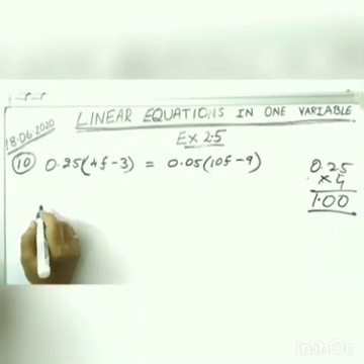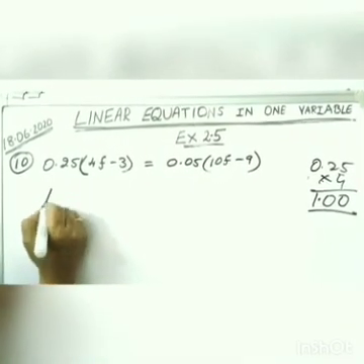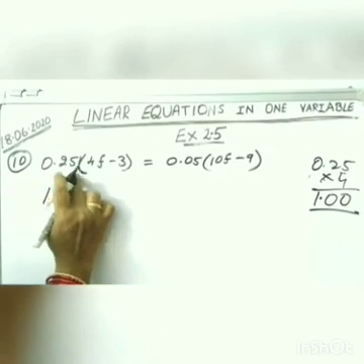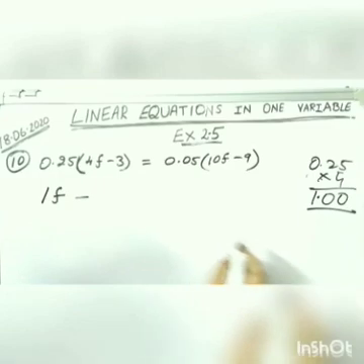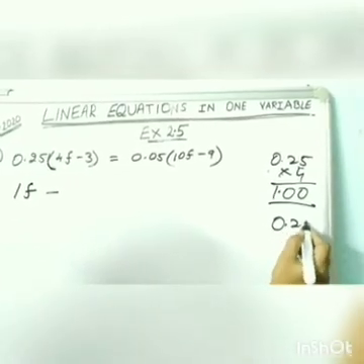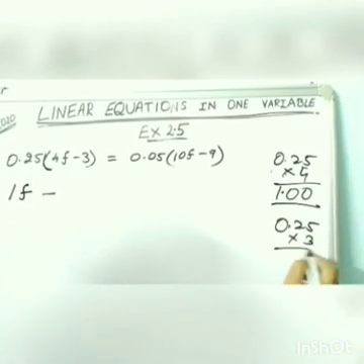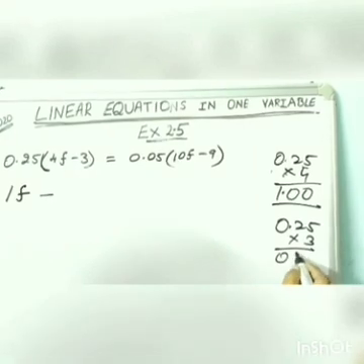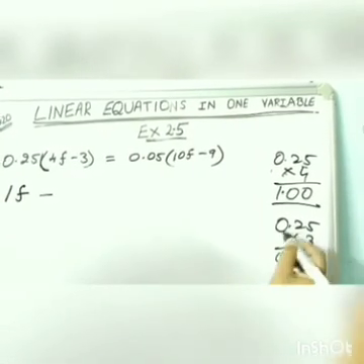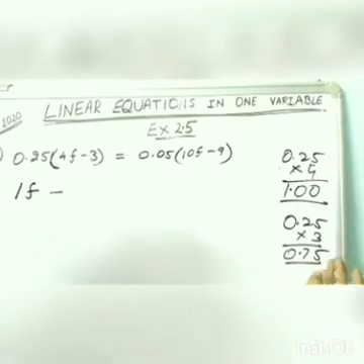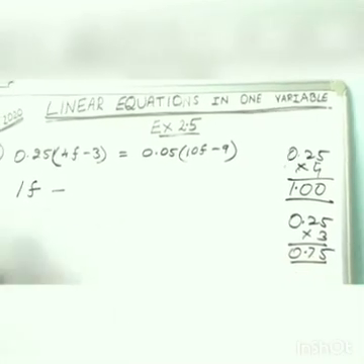So you get 1f. 0.25 into 4f is nothing but 1f minus, again you see 0.25 into 3. So 25 3s are, you get 75. So counting two decimal places from the right side, you get 0.75.